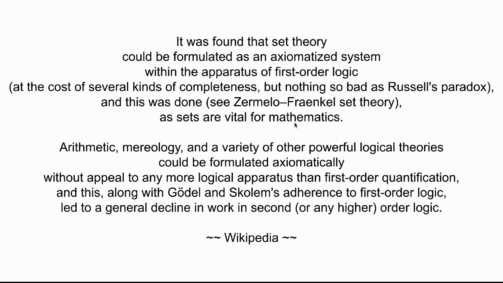Okay, and this is why first order logic is so important, because it helps you in doing computation, deriving a lot of important theorems without getting into these dirty paradoxes like Russell's paradox. But here another crucial point that you must understand is that to arrive at this formulation of set theory and finding the right balance, that you are giving up some kinds of completeness but also avoiding what is called Russell's paradox, required a lot of hard work by mathematicians and logicians.